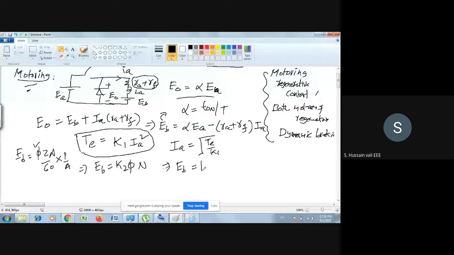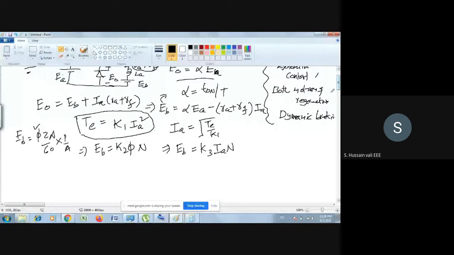So everything we will substitute here. I will replace EB with this: K3 into IA into N is equal to alpha EA minus IA into RA plus RF.